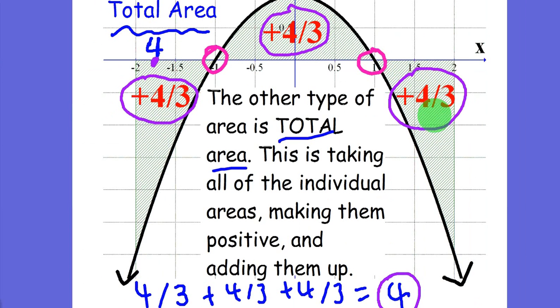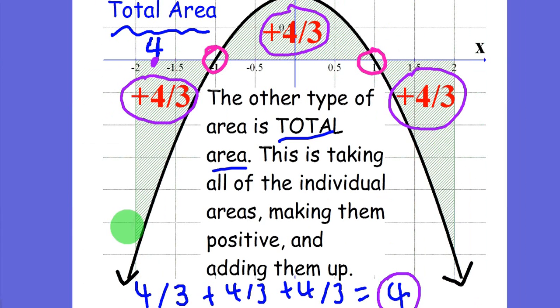Since we want to know the total area, it's going to help to know where these cross the x-axis, because if we can find the definite integral, say, of just this piece from -2 to -1, so we know this is negative 4/3, if we make that positive and do the same thing for the other two pieces and make them positive, then when we add them all together, we will get the total area of 4.